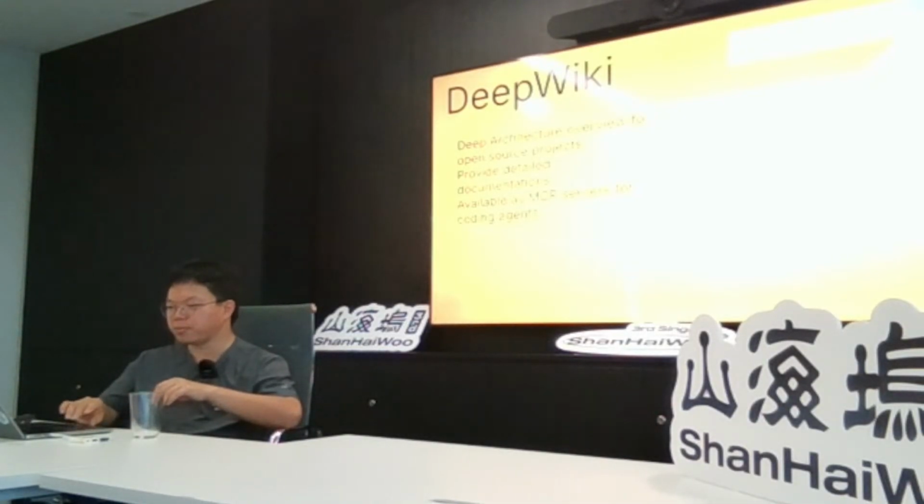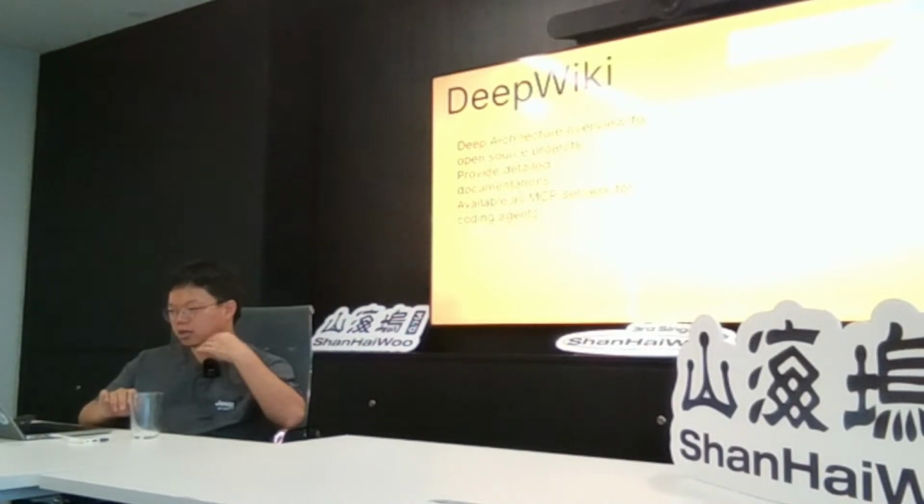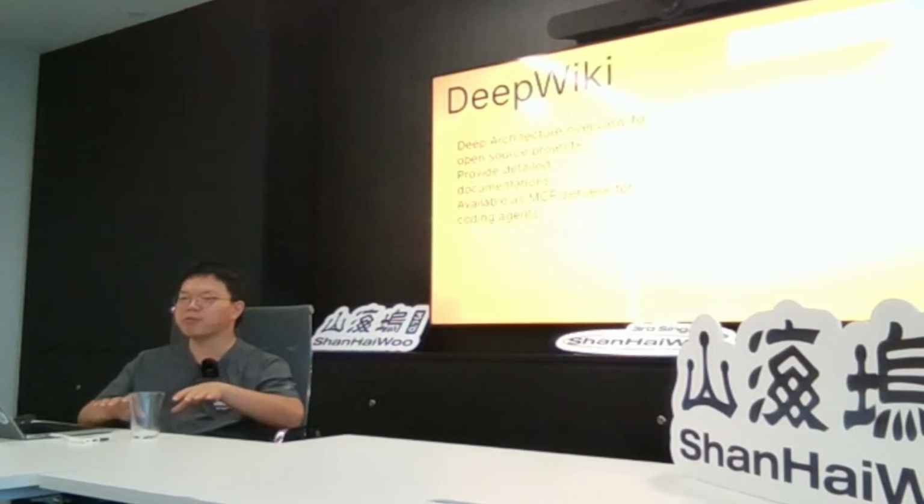They do a very deep architecture analysis for open source projects and can provide a very detailed implementation document. And DeepWiki can be accessed as an MCP server for AI coding agents, so that you can ask it in your development environment all kinds of questions about how the code is organized, what the architecture of the code base is, with the MCP server.